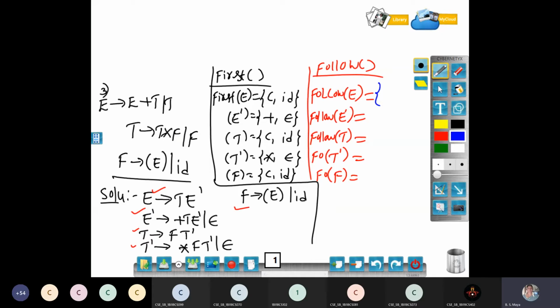The start symbol of the grammar is E. Because of that, I have to insert dollar as the first symbol in the follow set of E. Is it clear? Any doubt? After that, you put a comma, because I have to find any other follow elements of E in the given grammar. See, is it okay?